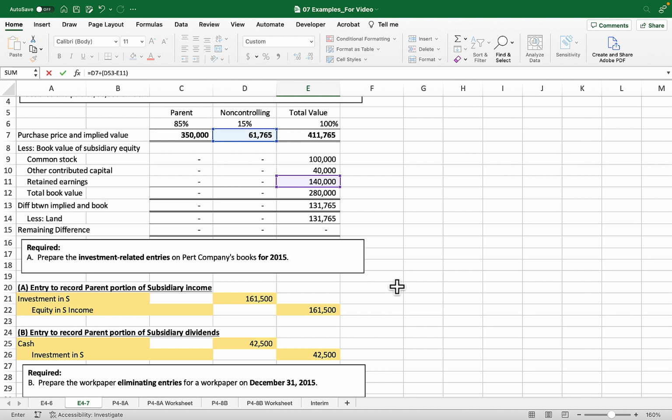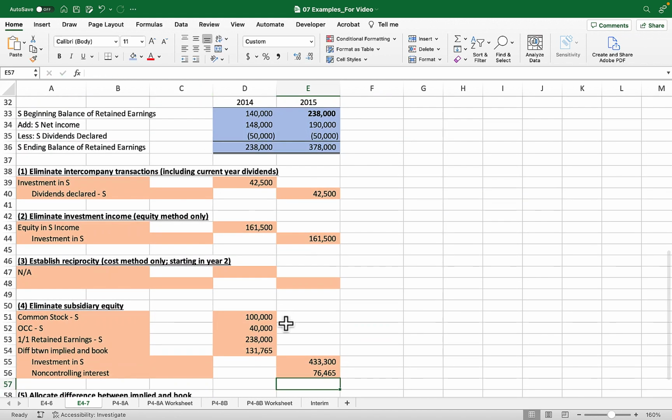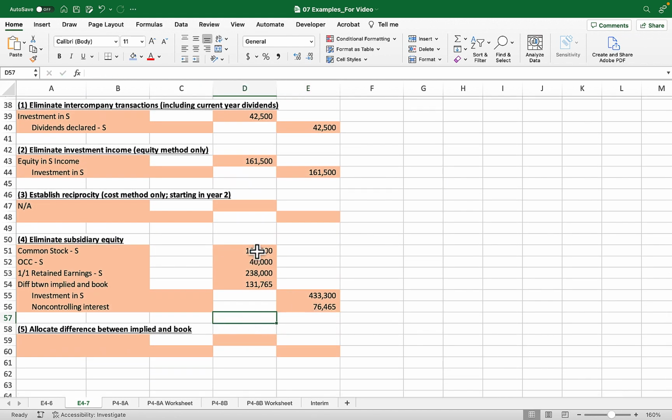Then we're going to take the remaining percentage, or the 15%, and give it to the non-controlling interest. So this amount that I have in parentheses here is the entire change of retained earnings from the date of acquisition to the beginning of the year we're consolidating. And we've given 85% of it to the parent, and now we're giving 15% of it to the non-controlling interest. So the entire thing is represented in our entry, and our entry now balances.